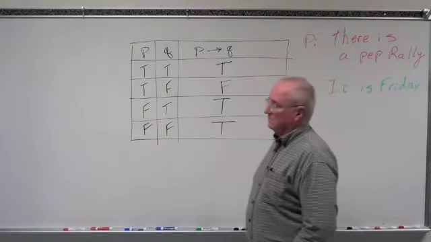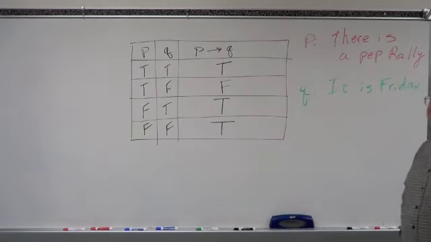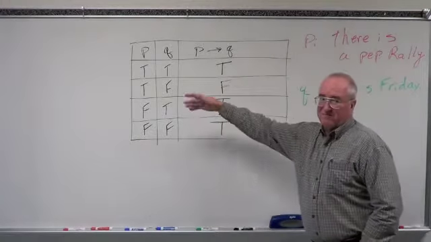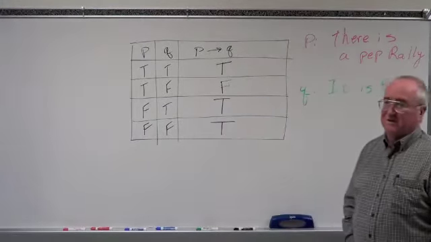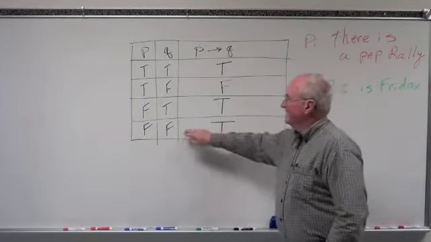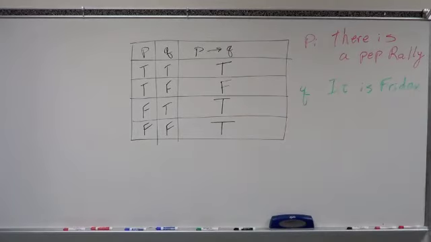Let's try this one. If there's a pep rally, then it's Friday. Well, there's no pep rally. Can it still be Friday? Sure. It's still Friday. It's just that the condition wasn't out there to start with, but it's still Friday. Get this one. Is there a pep rally? No. Is it Friday? No. Then the condition was met.